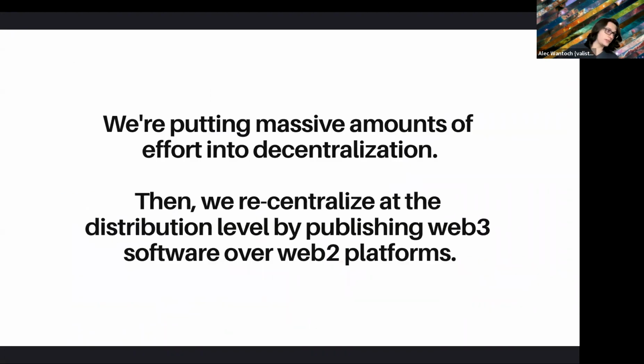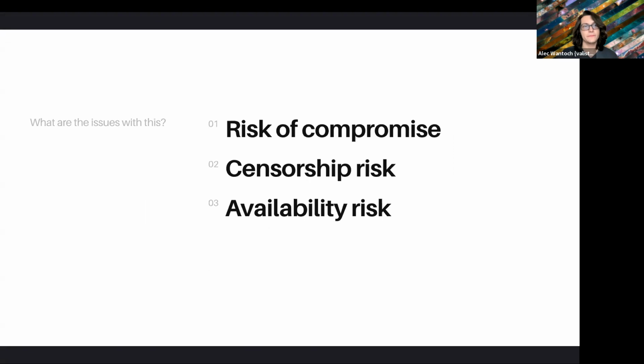And effectively what we're doing is, as an industry right now, at least, we're putting massive amounts of effort into decentralization, but then we're re-centralizing everything at this distribution level by publishing all this Web3 tech over Web2. So Valist is trying to fix that. And obviously there are some common issues with centralized distribution mechanisms: risk of compromise, censorship risk, and availability risk.